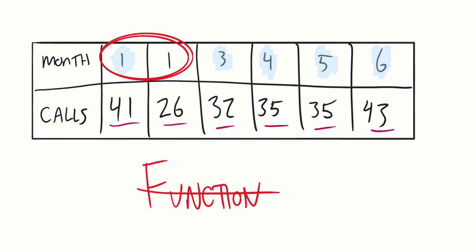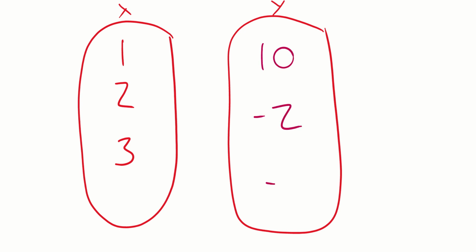Another way we can look is to say, okay, looking at another type of thing. This is called a mapping diagram. And this mapping diagram is like 2 kind of like oval things. And it'll say 1, 2, 3. Here's my X. Here's my Y. Over here we'll have 10, -2, -14.